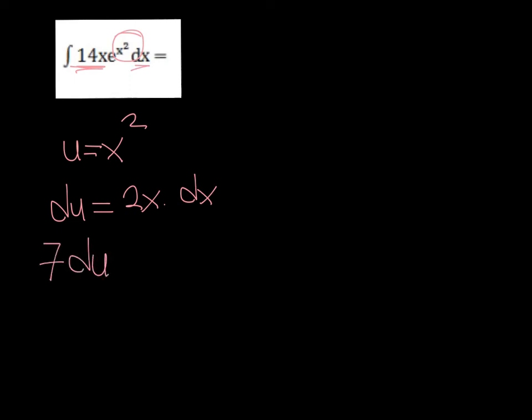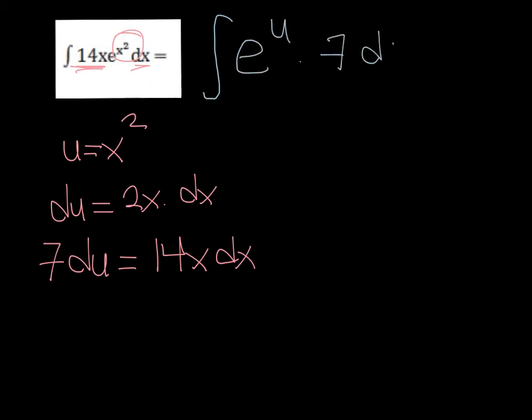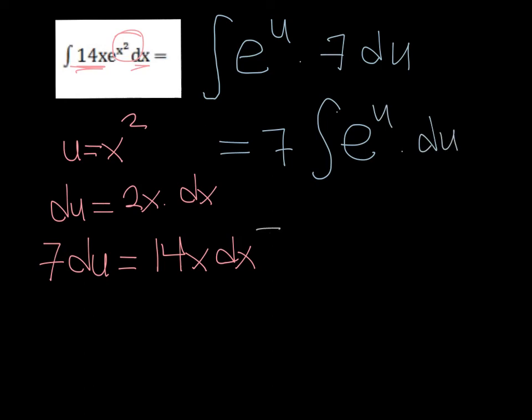We just have to multiply du times 7, so we will have 14x times dx. And changing the variable of integration, this will be e to the u times 7 du, constant out of the integral sign, and that will be 7 times e to the u times du.